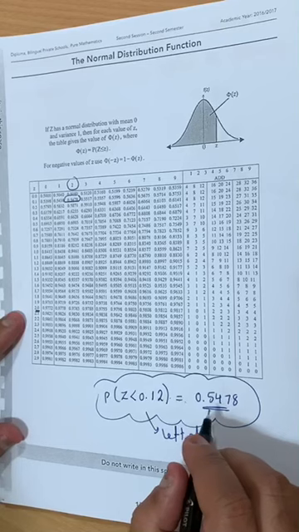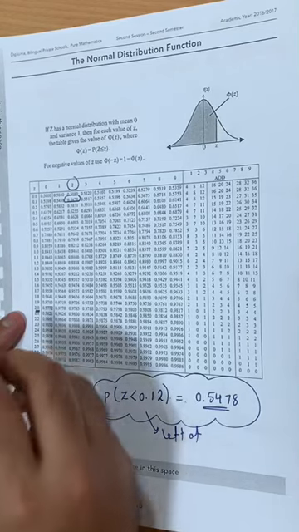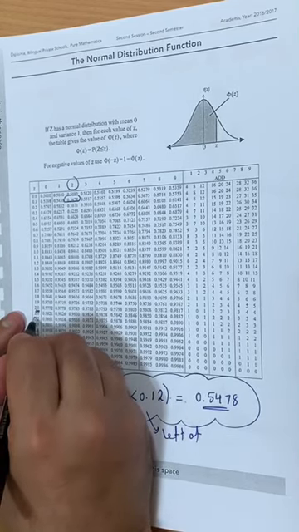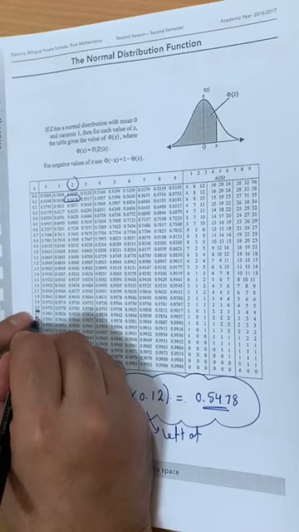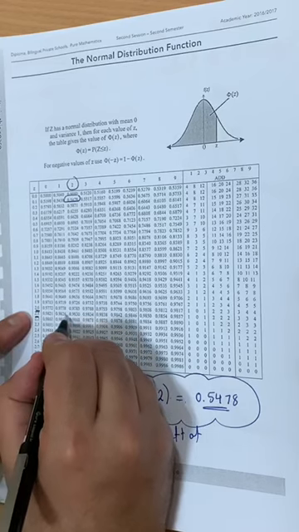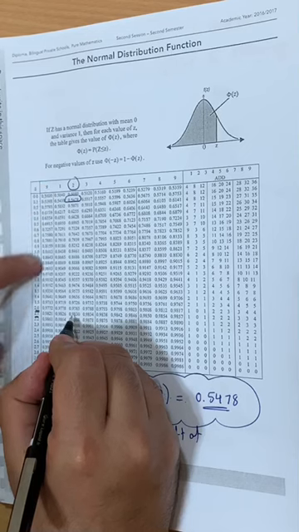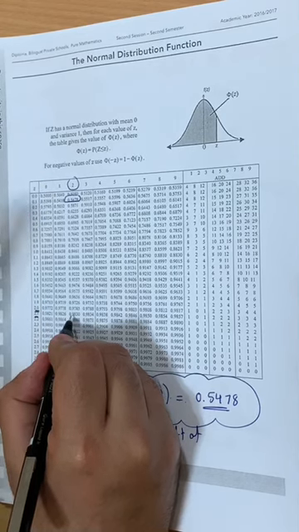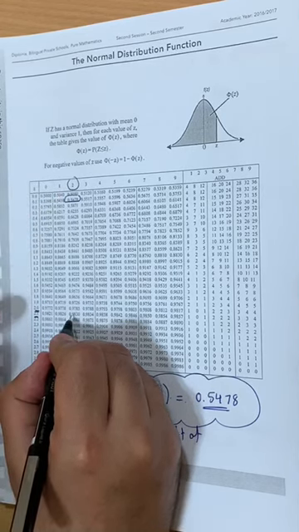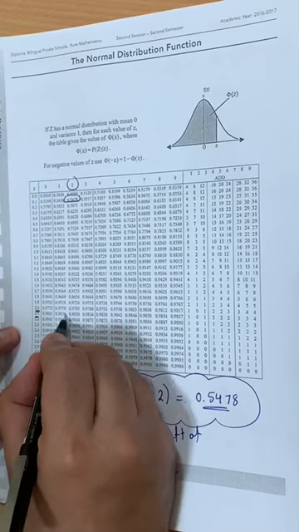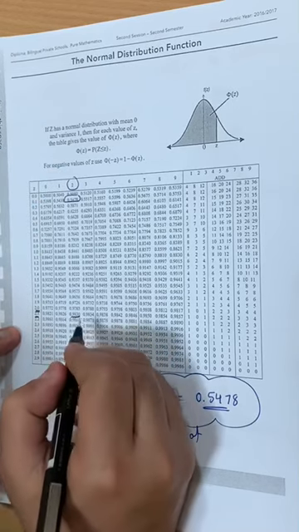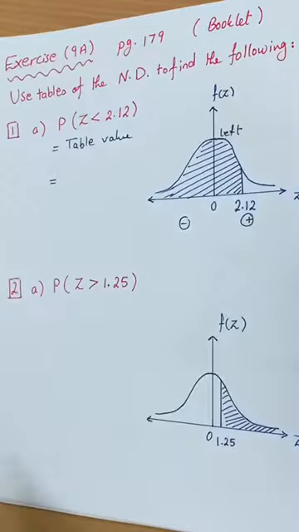And you want to find 2.12. So you're supposed to find 2.1. So this is 2.1. And then you have to move 3 units because the first unit is representing 0, which is 2.10. Then 2.11, 2.12. So the answer is 0.9830.